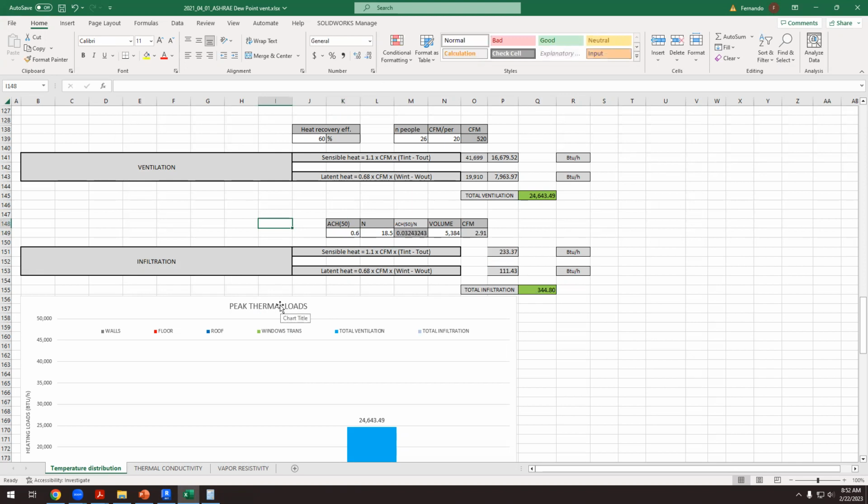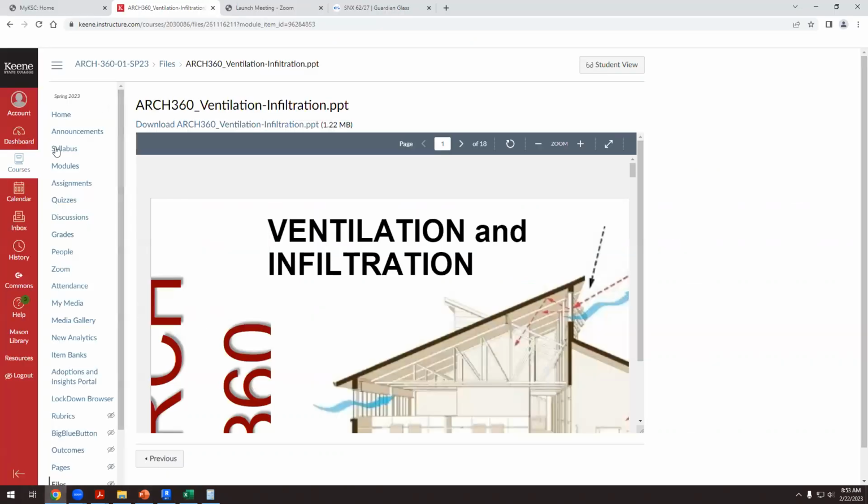So if we had a more tight building, then the infiltration won't be 1400. It will be 300. Okay, so this is the way that we have in the second report.